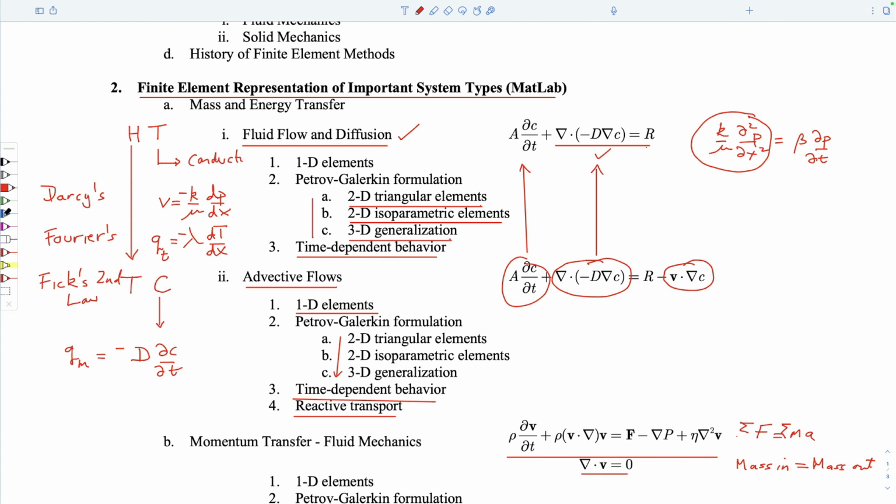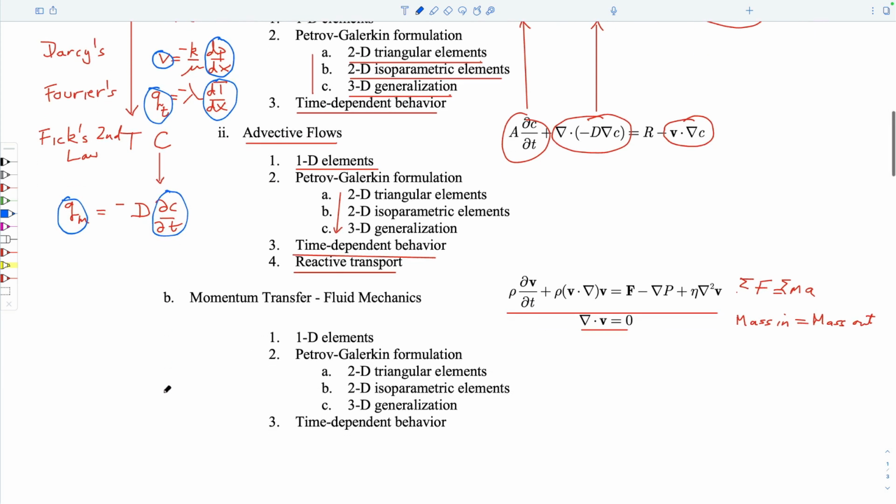And you'll notice, of course, that these laws link a gradient of some quantity in space to a flux, a velocity or a heat flux or a mass flux.